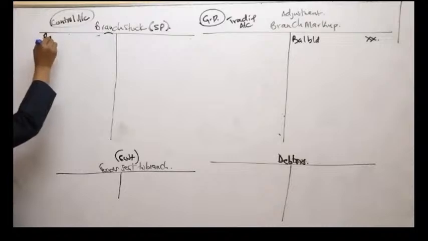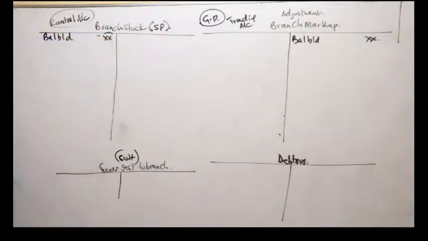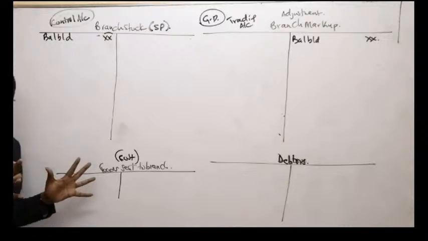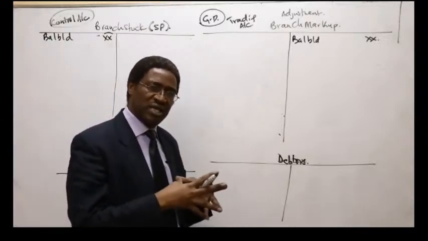So we are assuming first is an opening stock. We are assuming you have brought it down. So I want to go through the accounting entries that are normally entered every time you deal with a branch. Now, don't forget, I've said all the records are maintained by the head office.